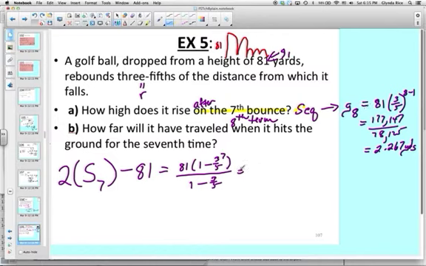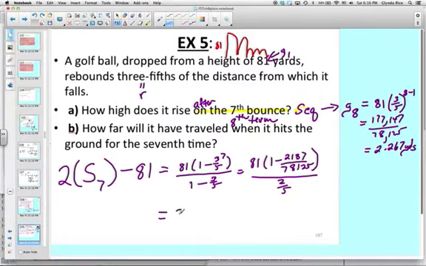Oh, that was 81 times it. Three-fifths to the 7th power. So 81 times 1 minus 2187 over 78,125. 1 minus 3/5, 5/5 minus 3/5 is 2/5.